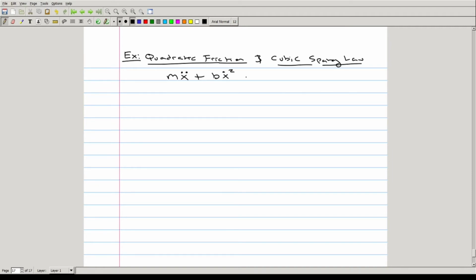So for example, if you use quadratic friction and cubic Hooke's law, or cubic spring law, the differential equation from Newton's law becomes this, which is a second order nonlinear ODE. It's nonlinear in both the displacement and the velocity.